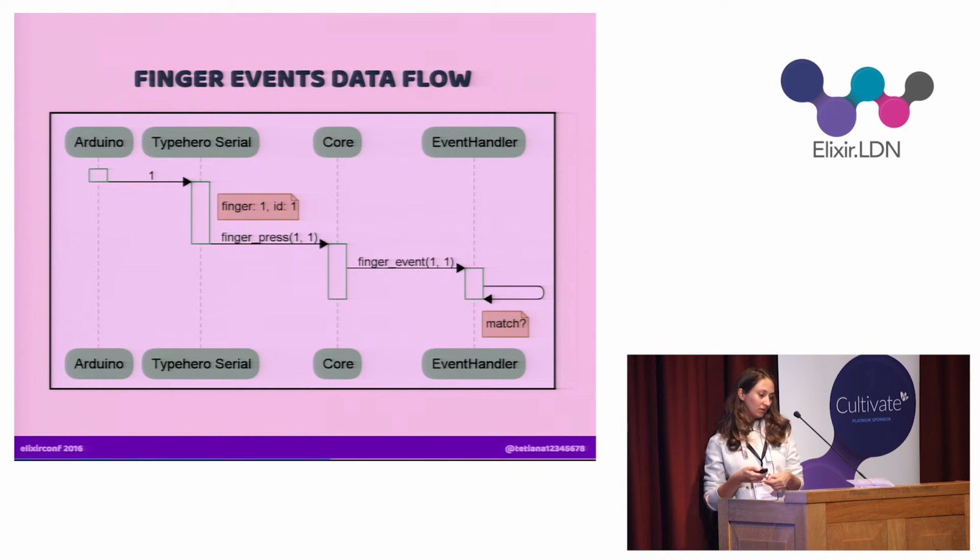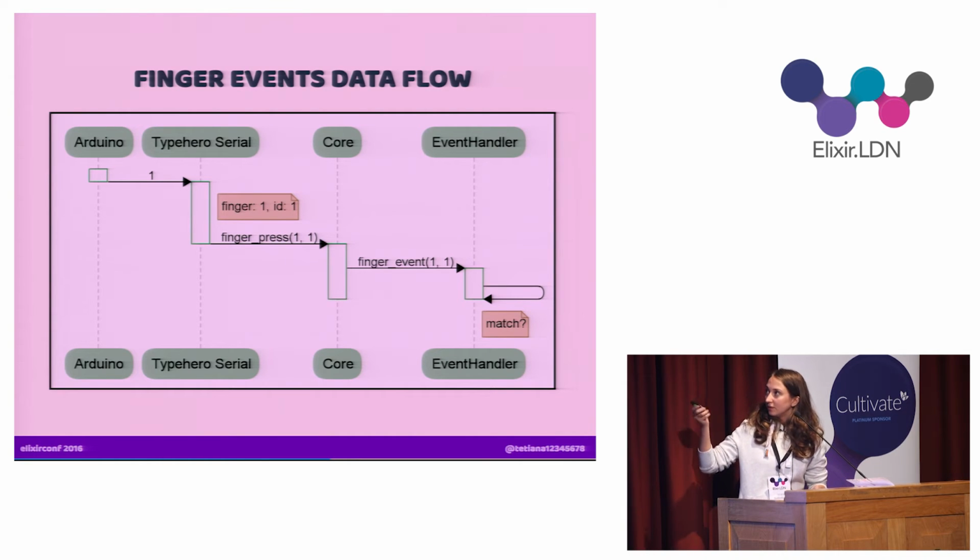Okay, let's talk about how we get those events to our event handler. It's pretty straightforward. We have our Arduino. Then there is a library which allows us to interact with Arduino. With the help of that library, we get the event from Arduino, then we pass it through to the core, and within this part, we also log the event number, or ID.